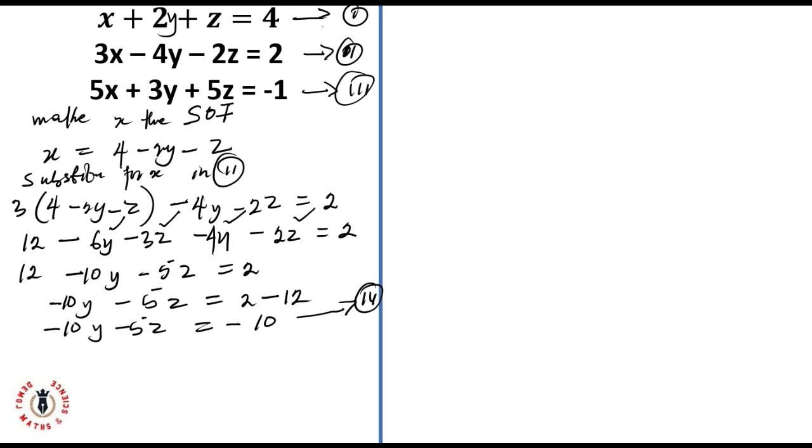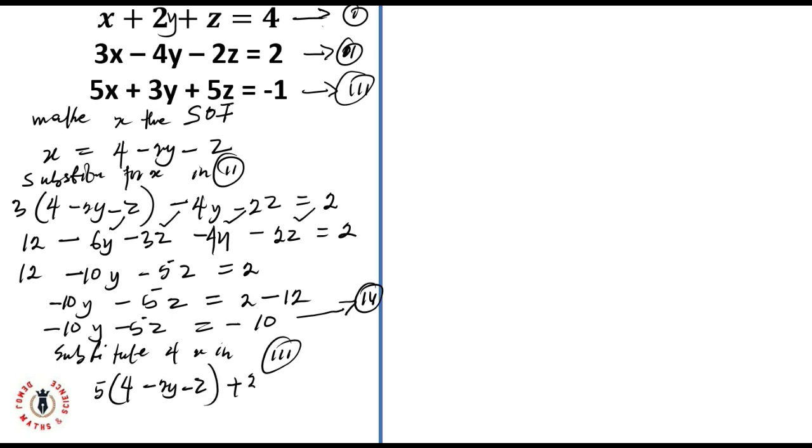Substitute for x in equation 3. So in equation 3, I should come up with 5. In place of x, I'll have 4 minus 2y minus z, plus 3y plus 5z is equal to minus 1.